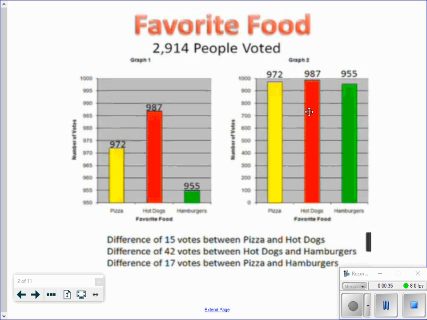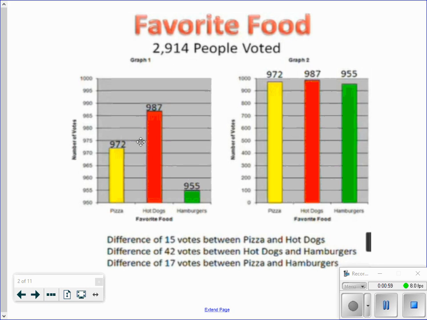The same thing shows in graph 2. 972 pizza, 987 for hot dogs, 955 for hamburgers. But how come in graph 1 you can tell that hot dogs was a favorite compared to graph 2 where it seems like there wasn't much of a difference?